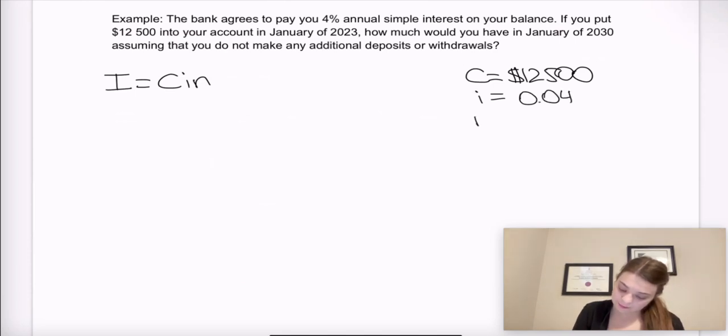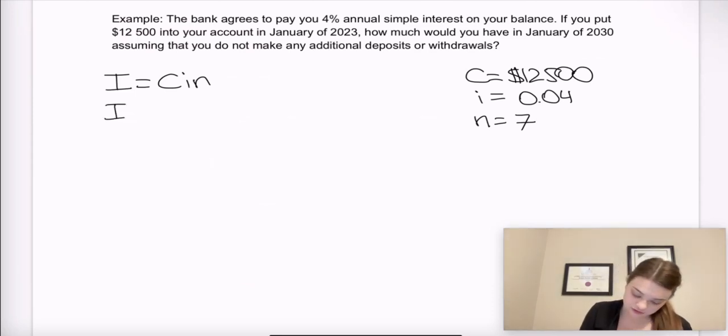So in decimal form, that's 0.04. And then the number of periods that have passed. Well, in this case, it's an annual interest rate, so each period is going to be a year. We put this money in January of 2023, and we want to know how much will be there in 2030, which is 7 years later. So that means that N is going to be 7 for 7 years in this case.